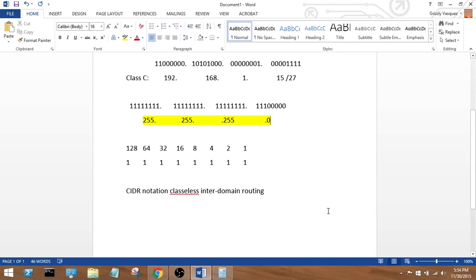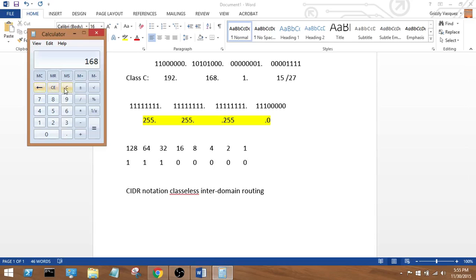And all you have to do to find out the new subnet mask in decimal form is convert these binary bits back into decimal. So we have 3 of them that are turned on. We go down here and we say this one's turned on, this one's turned on, and this one's turned on. Then we add them up. It's better if you learn these additions by memory.